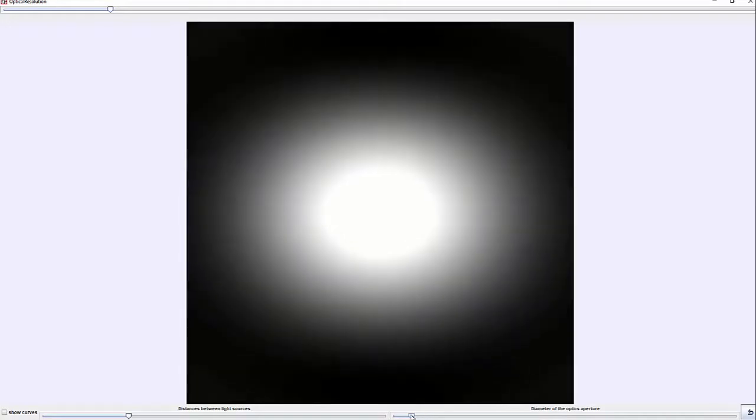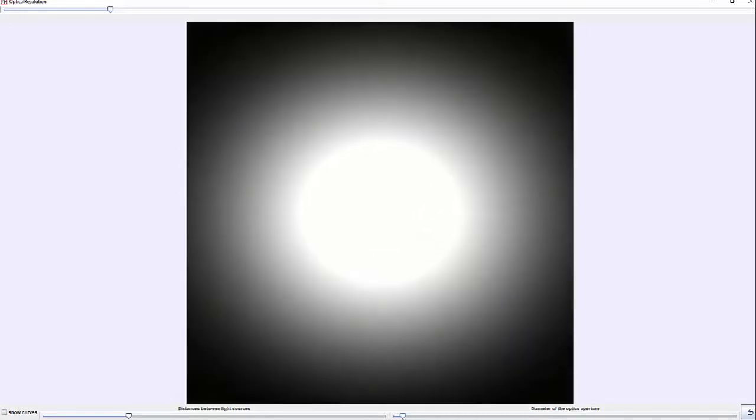I can also decrease the distance between two things, and if I put that distance down to 0, well, they're one source, but I'll put it at kind of an intermediate one here, and then things get tough to tell apart at about this point, actually. And then here they almost look like a single merged object.